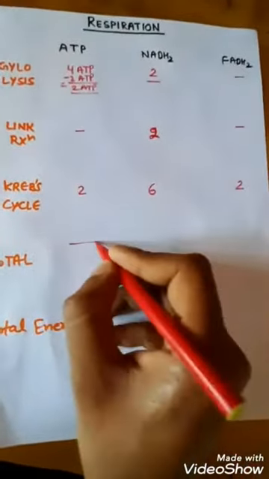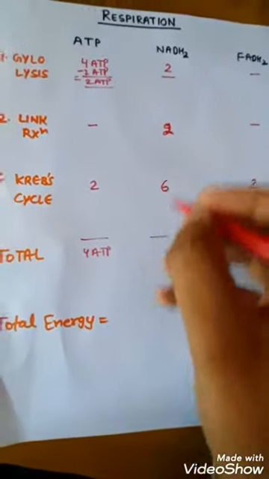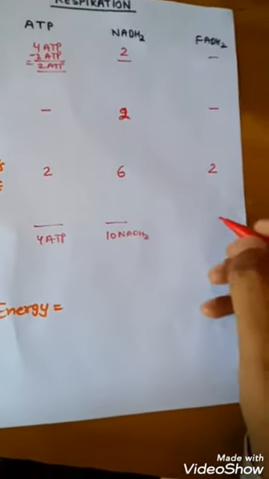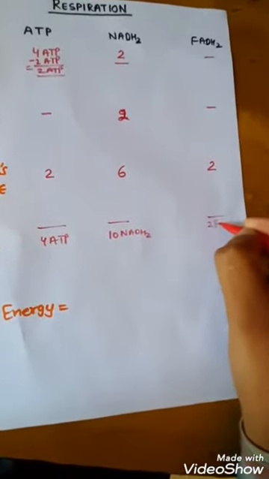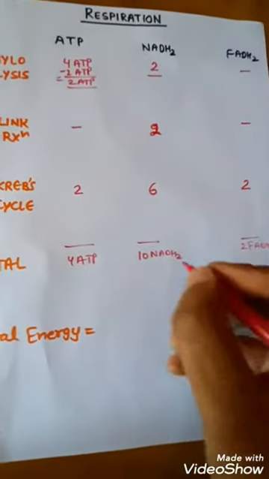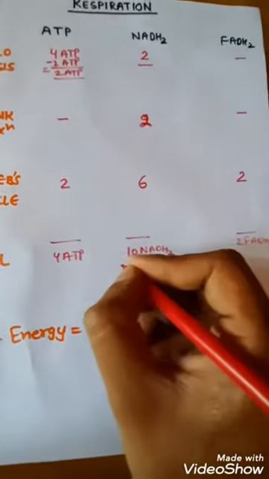So if we total them, a total of 4 ATP, 10 NADH2 and 2 FADH2 are produced. As we know, after oxidative phosphorylation, 1 NADH2 is equal to approximately 3.3 ATPs.